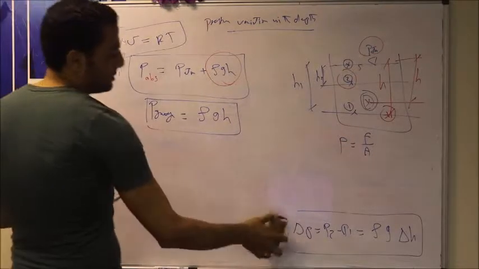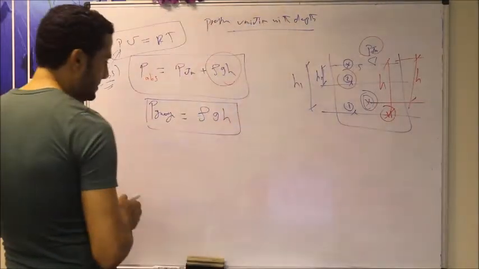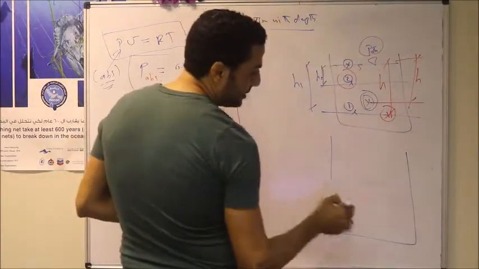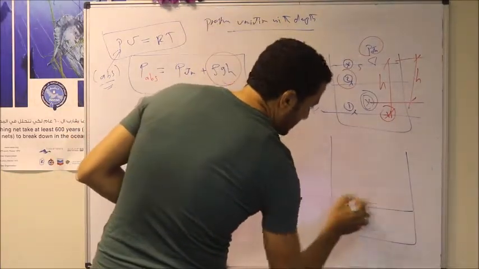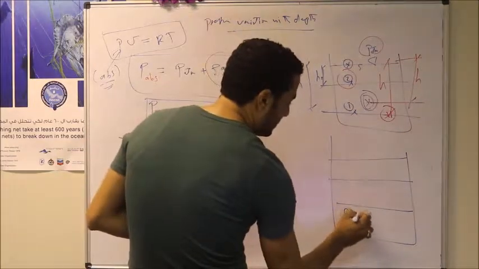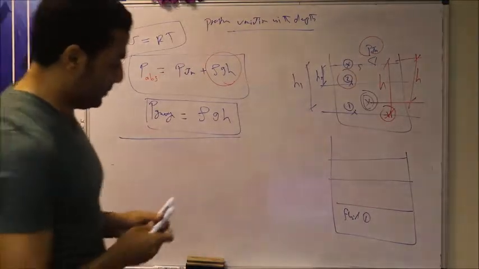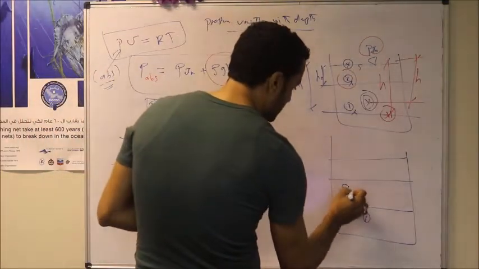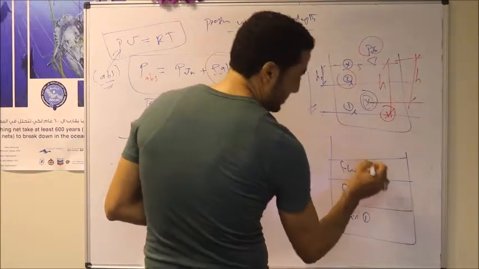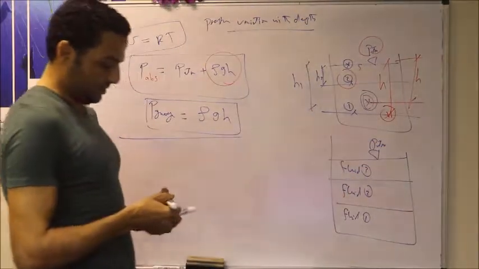But if we consider a point inside a tank, and this tank consists of multiple fluids. So let's consider a tank here, and let's say we have 3 fluids. Here we have fluid number 1, and also fluid number 2, and here, let's say, fluid number 3, and the pressure at the top of the tank is P atmospheric.